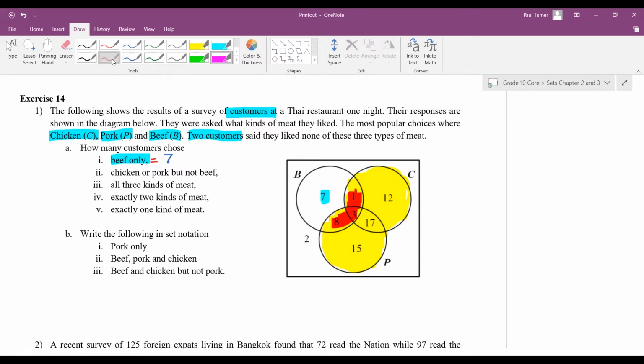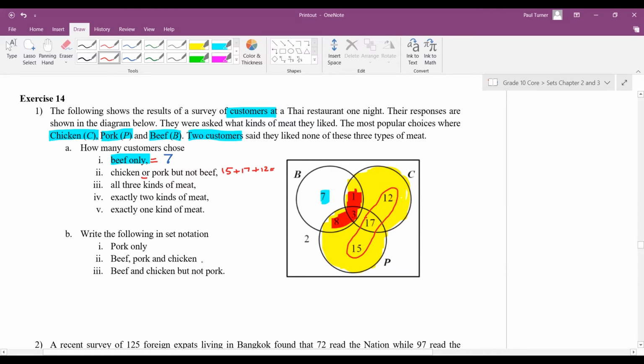The only answer will be the sum of these numbers here. Chicken or pork, or can be both. Be aware in sets, or could be both. That's union. So chicken or pork, but not beef, we would have 15 plus 17 plus 12. You can add that up yourself, and write your answer there.